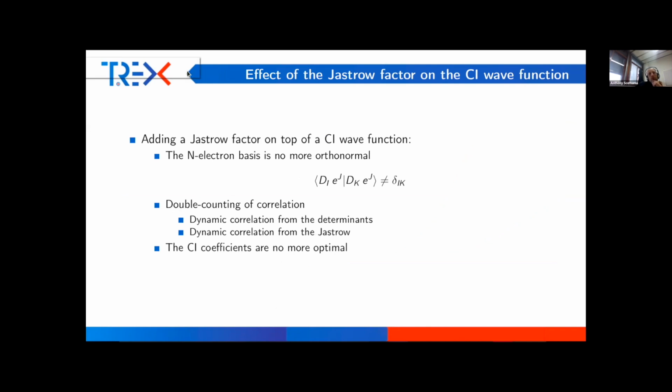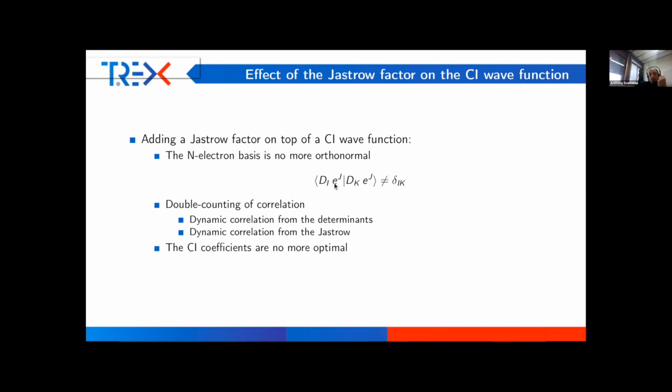Okay, so now what is the effect of the Jastrow factor on the CI wave function? If you have a CI wave function and you add the Jastrow factor on top of it, you're not working anymore in the basis of Slater determinants, but in the basis of Slater determinants multiplied by the Jastrow factor.